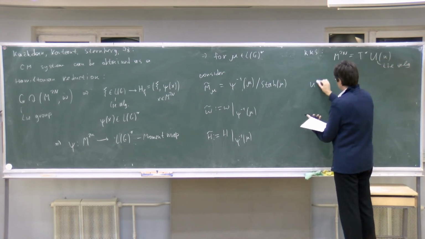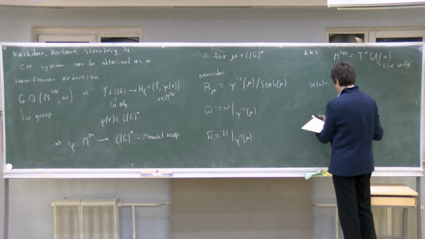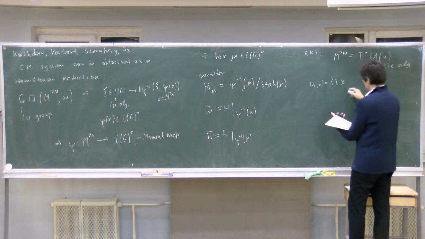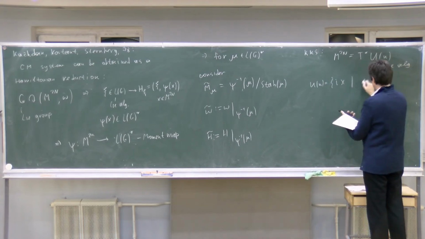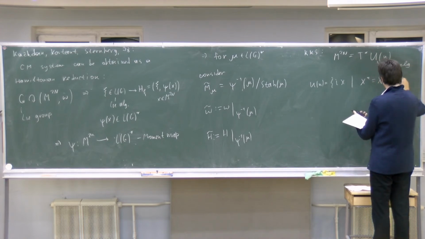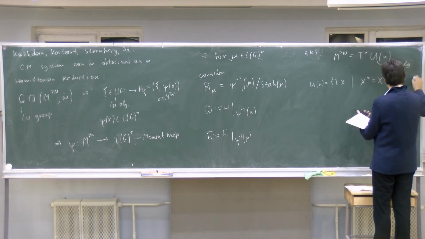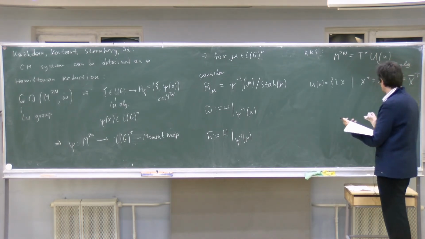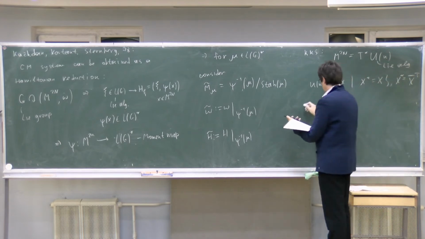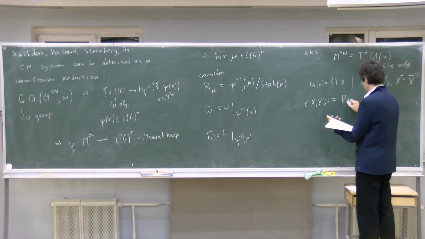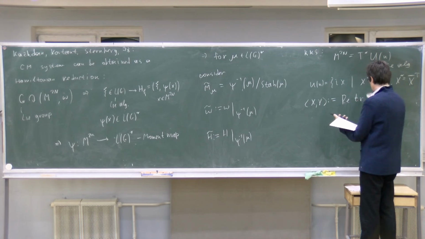Well, u(n) can be identified with matrices X with the property X star equal to minus X, where X star denotes as usual the conjugated and transposed matrix, and introduce a bilinear form as trace XY.